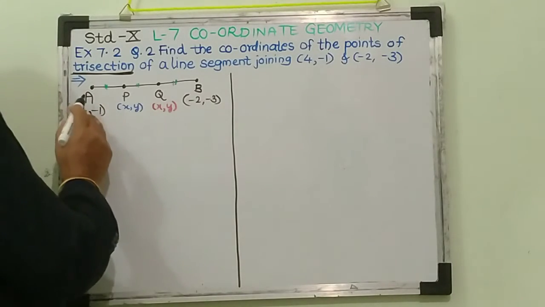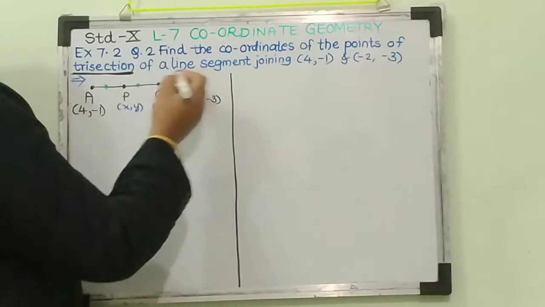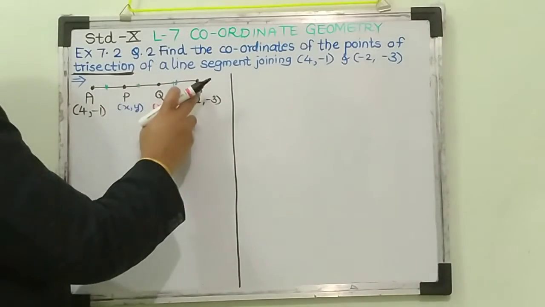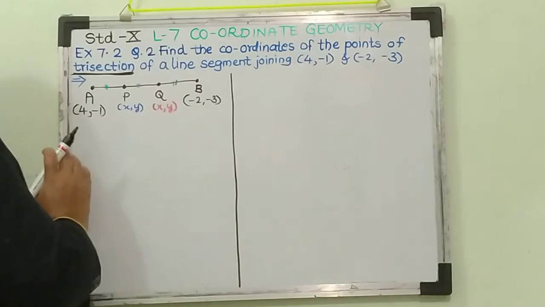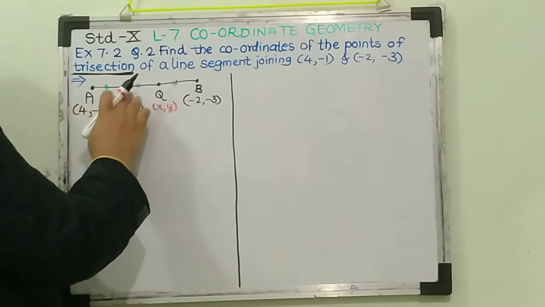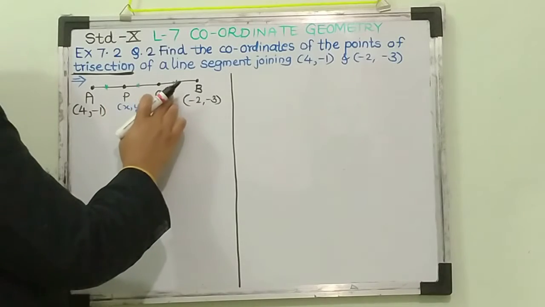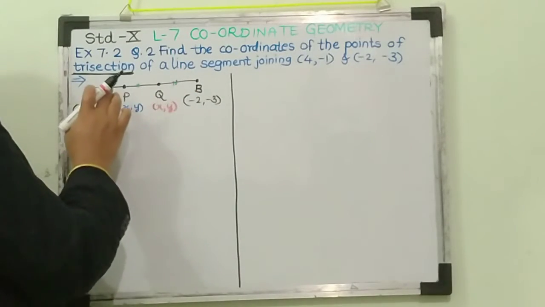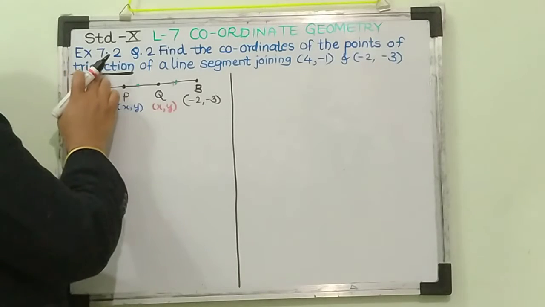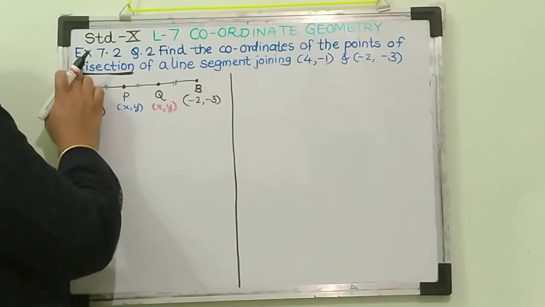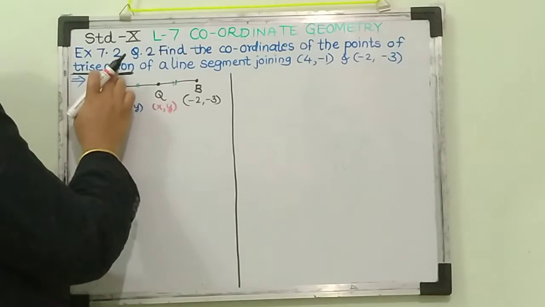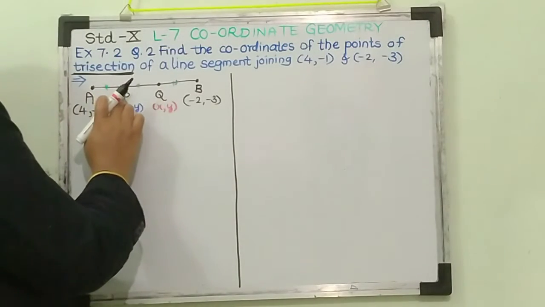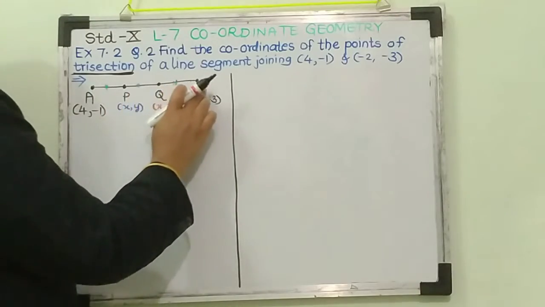See here, the given line segment joins the points A and B, and due to the points P and Q, the given line segment is divided into 3 equal parts. So we can say that the trisection of AB is AP, PQ and QB.